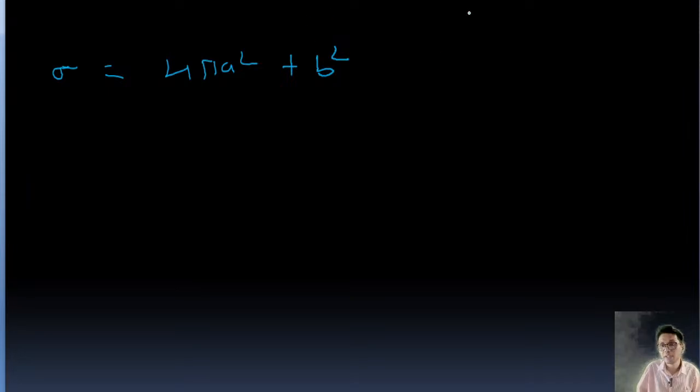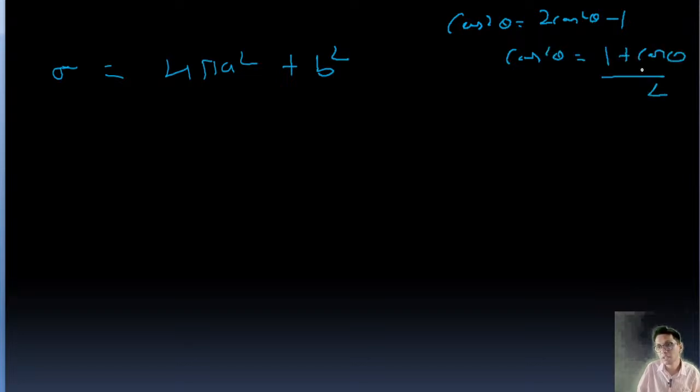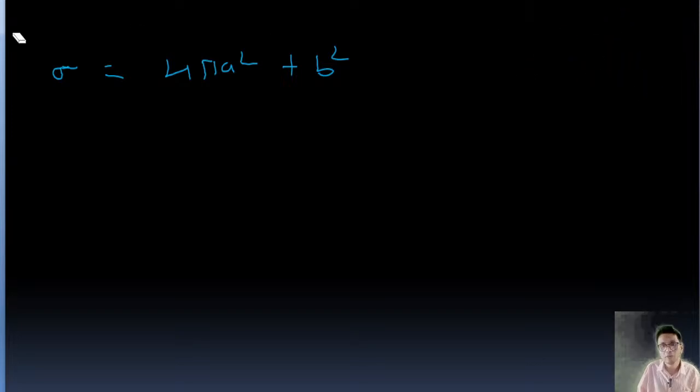We know that cos 2 theta equals 2 cos square theta minus 1, so cos square theta is 1 plus cos 2 theta by 2. We'll put that here and solve it. Very simple integration, we have already done it in class 11th and 12th. You can also memorize the direct value.